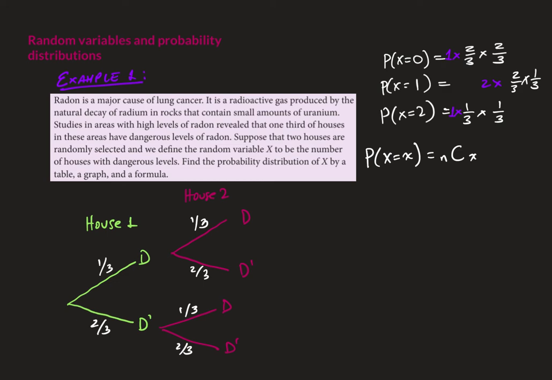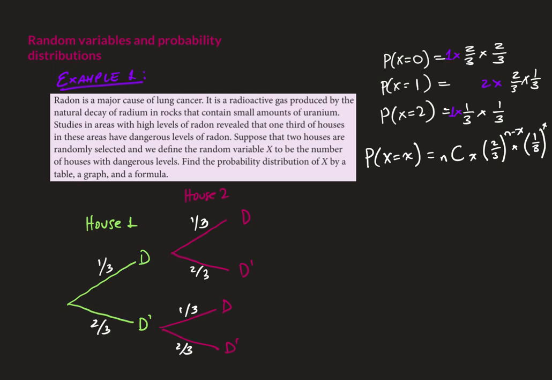So for the case when x is 0, we need 2/3 to the power of 2, or if we have n houses, it will be to the power of n, so it would be n minus x. And then times 1/3 to the power of x. Initially 1/3 is not in the distribution when x is 0. When x equals 1, we get 1/3 to the power of 1, and when x equals 2, it's 1/3 to the power of 2.